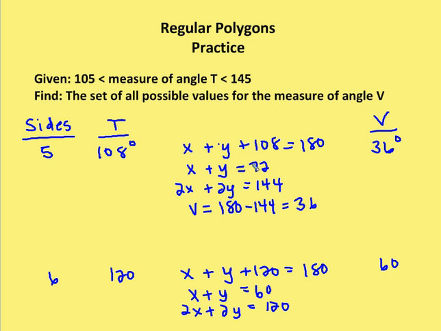And since 2x plus 2y plus v is equal to 180 degrees, I can say that 144 degrees plus v is equal to 180 degrees, or v is equal to 180 minus 144, or 36 degrees.